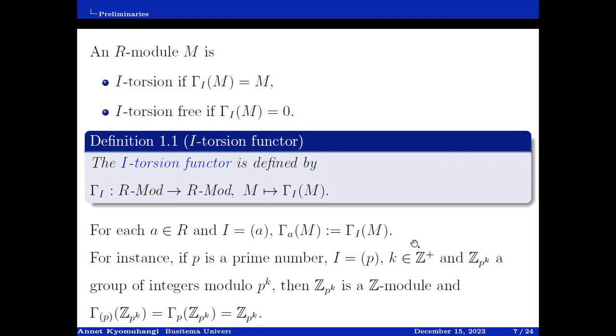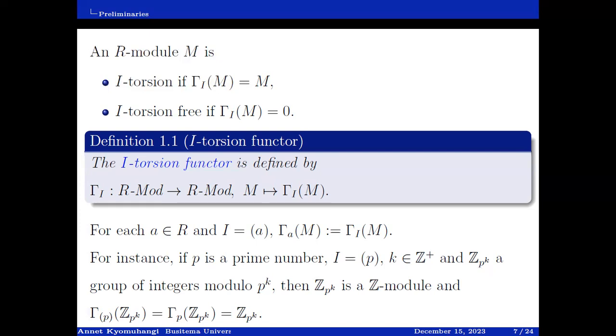For instance, if we take the ring to be the ring of integers, and we look at the ideal generated by a prime number P, then we take the R-module to be the Z-module Z/P^k.